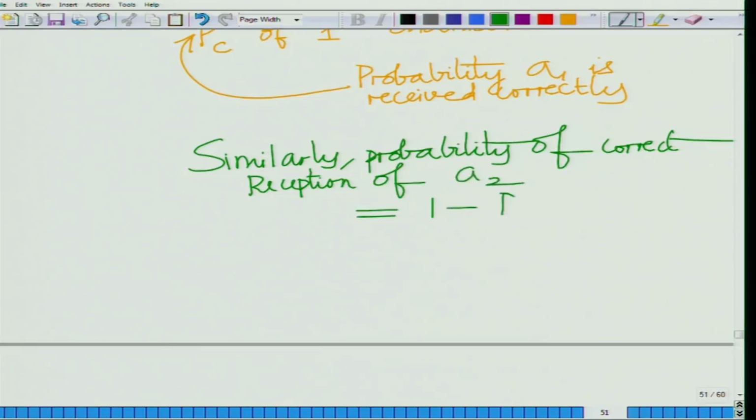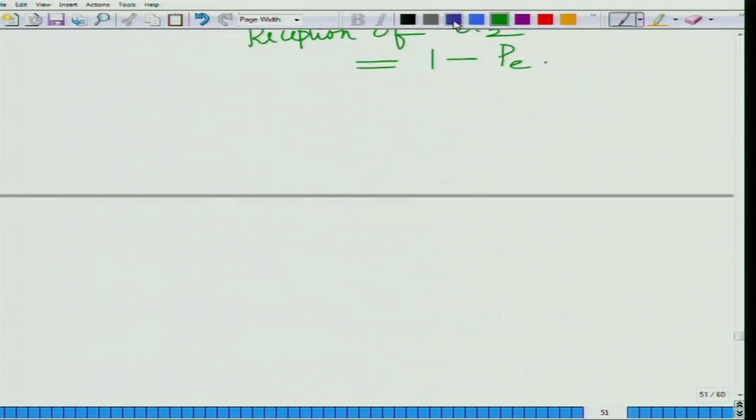of the second channel equals 1 minus P. Now, the probability that both bits are received correctly, here we are going to use results from probability theory.